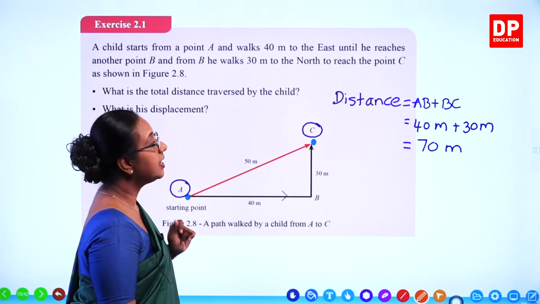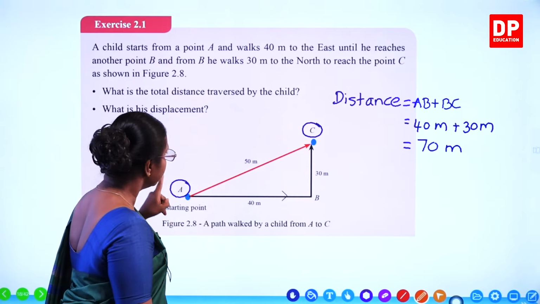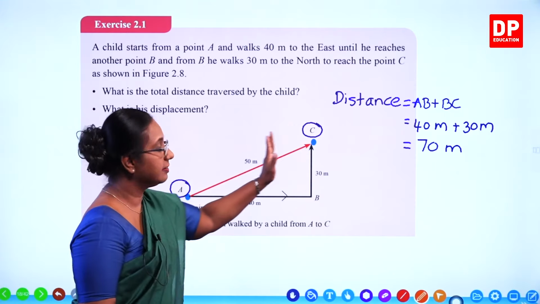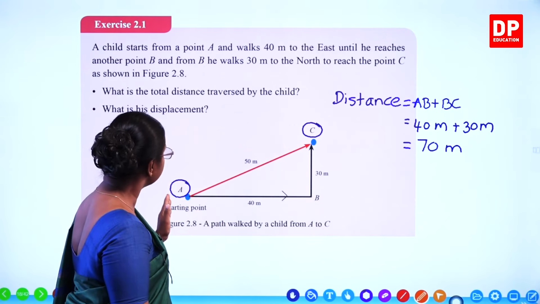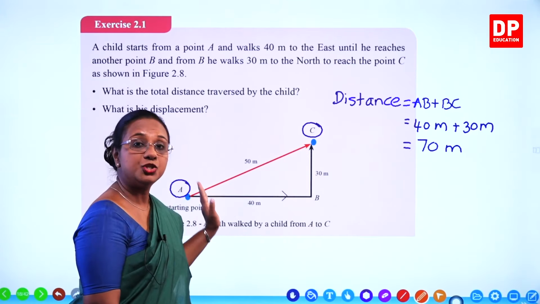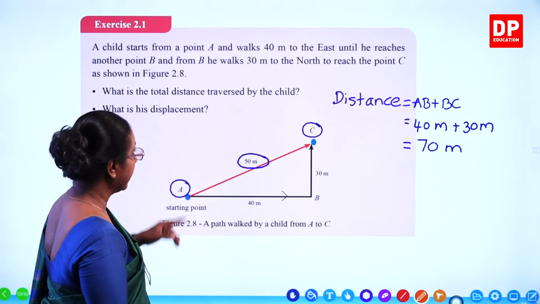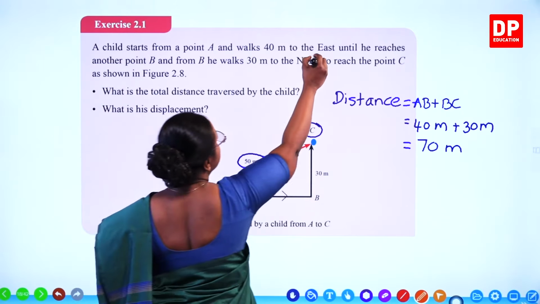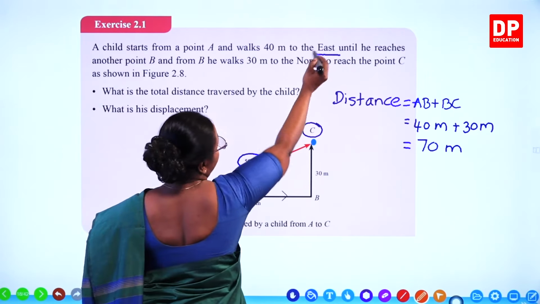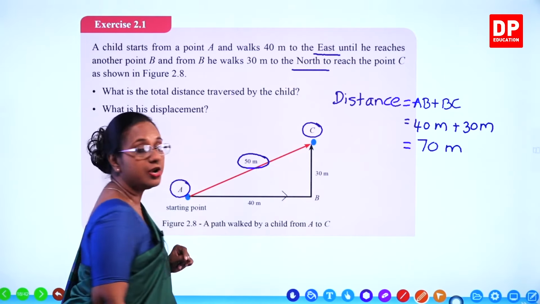Then what is his displacement? As you all know, displacement depends on the starting point and the ending point, the difference in the position. So here, the length between A to C, the shortest distance, is 50 meters. And here, they have mentioned the directions, initially A to B towards the east and then from B to C towards the north.